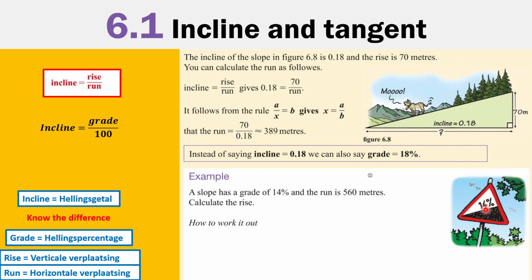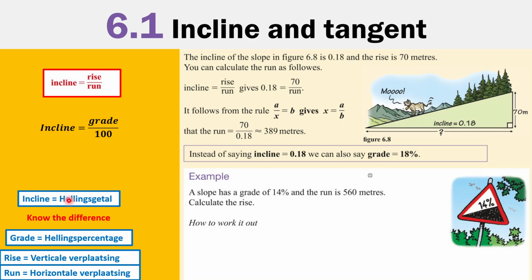The higher your percentage, the bigger your grade, and your grade you can then of course convert back to your incline. So 14% means an incline of 0.14. Instead of writing down 0.14, you see 14%.